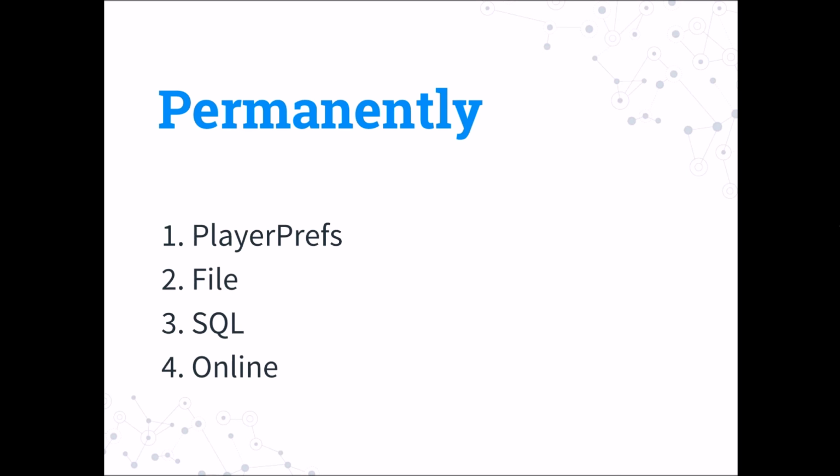Player prefs are used to store different values permanently on your system, and they can be accessed by their unique identifiers. The second method is saving your data as a file onto your system. The third method is saving your data on a database, and the fourth method is saving your data not on the system but online into various data saving or cloud services.